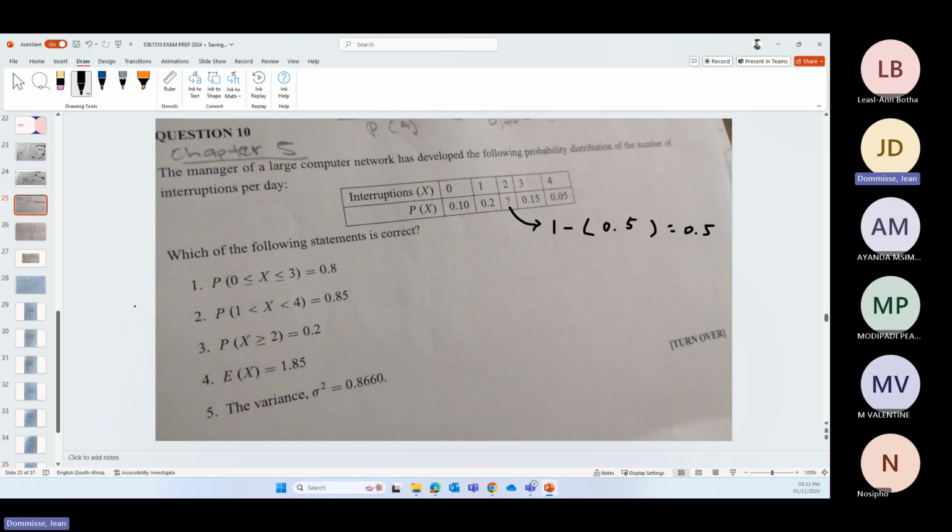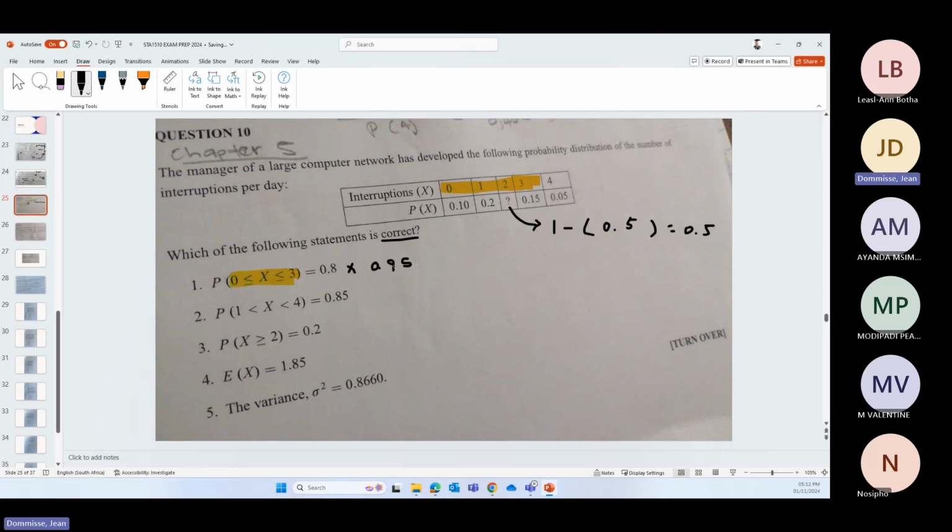Then they ask us a few questions. Let me just go the route of different colors. Between and including 3 up until 0, those 4. It will basically be 1 minus the 0.05, so that should be 0.95.